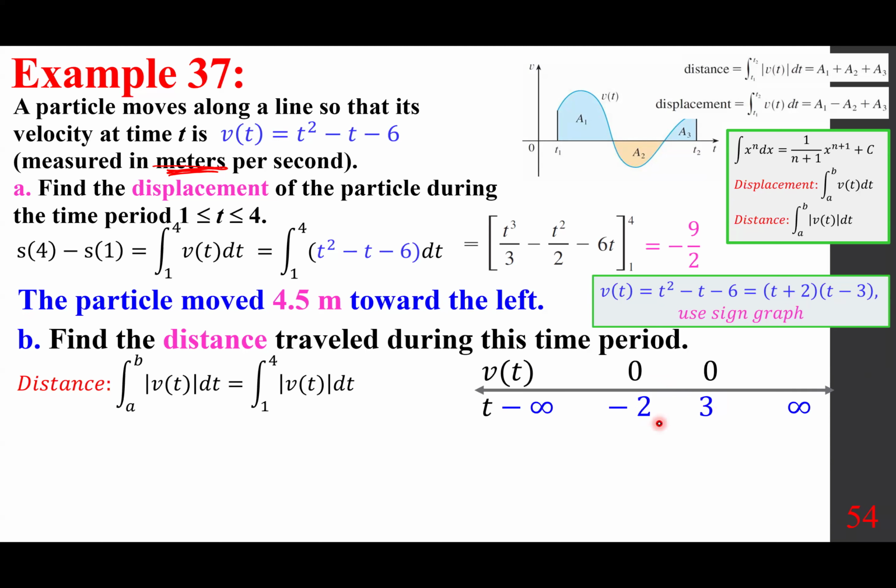If you pick up TPs, this is the sign graph. Everybody knows it by now. TP, short for test points, okay? Over here, you can even pick 0 if you want. Over here, you can pick, for example, 4. This is not important because we really start from 0, because of the time.